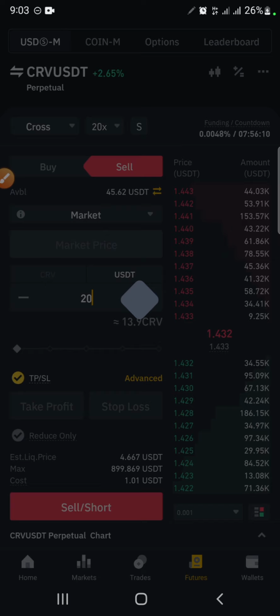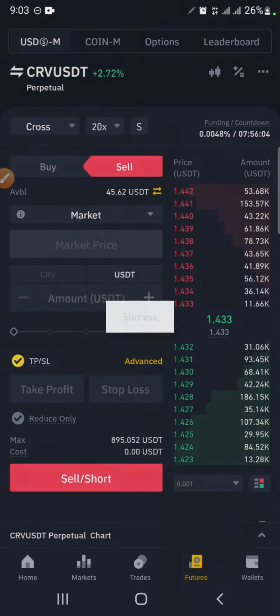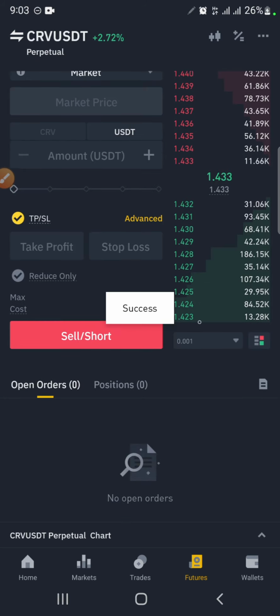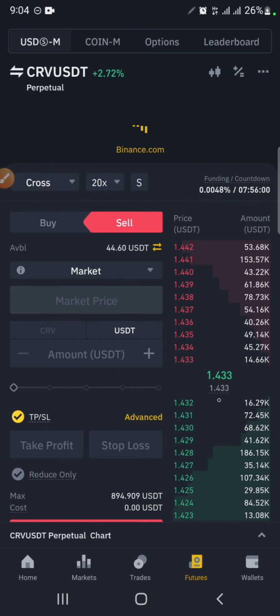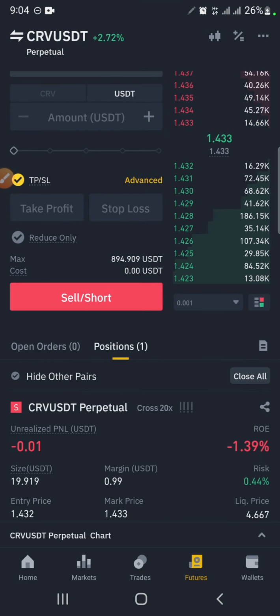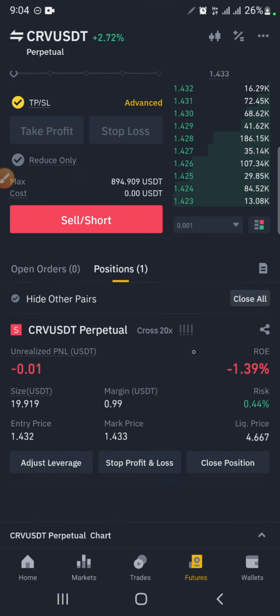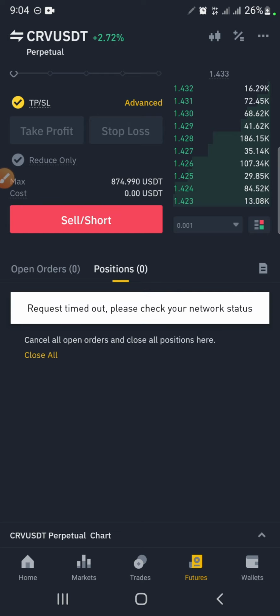After this sell position, the more the trade goes in your favor, you continue to add more money. The trade has been opened. That was successful. Let's refresh. So this is the trade, and it is currently going on. As the trade goes in our favor, we have to ensure that we are adding more money.